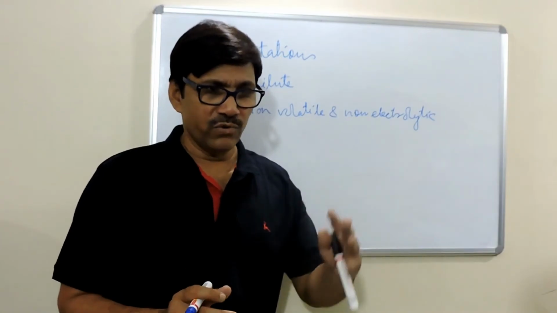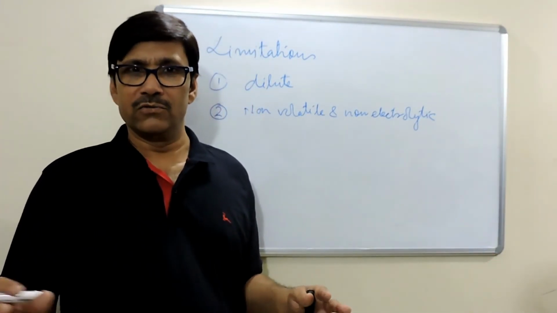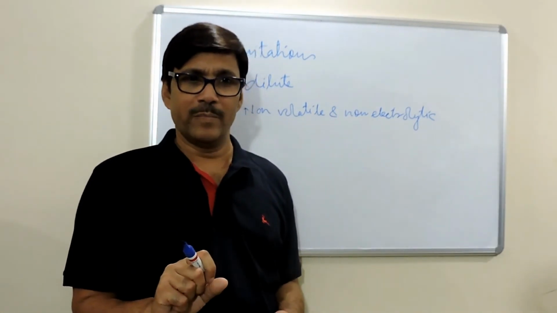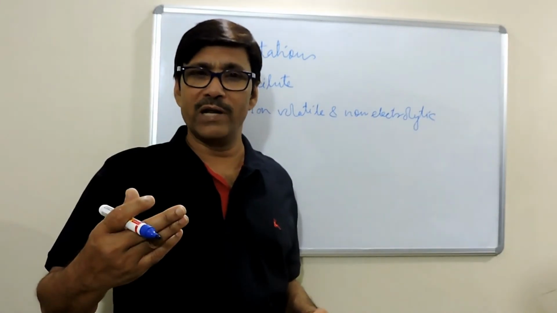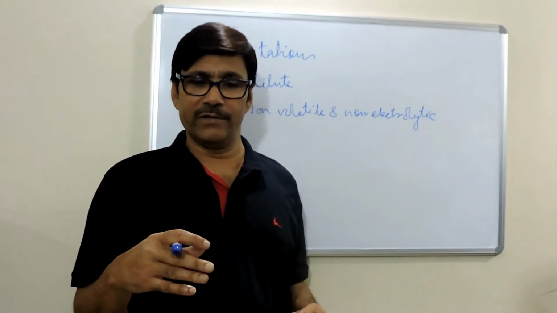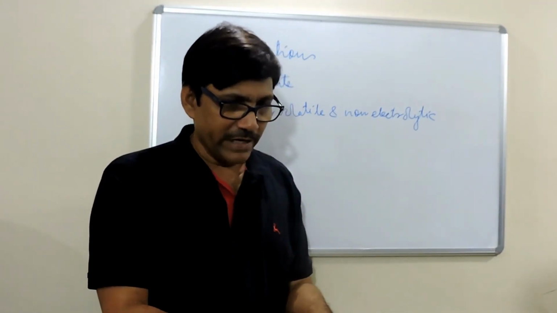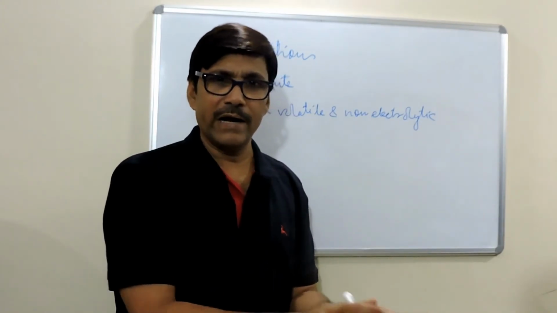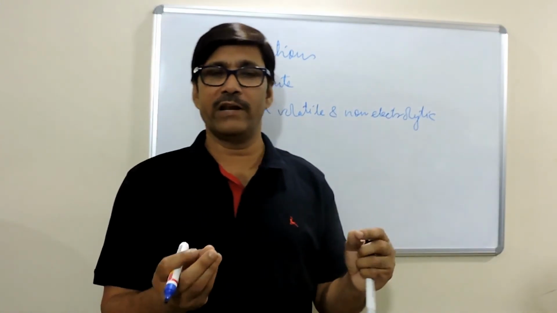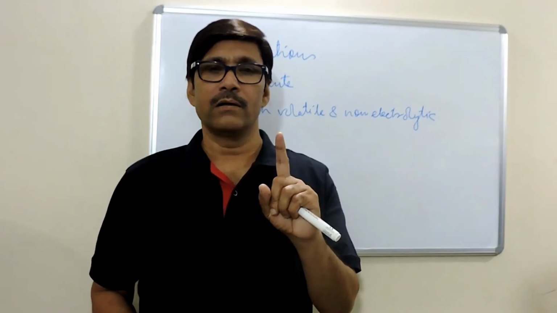It will break into 10 ions of sodium and 10 ions of chloride. So we will expect the elevation in boiling point due to 10 molecules, but actually the elevation in boiling point will be almost double that expected value, because once we add the molecule inside water, it will dissociate to give sodium ion and chloride ion. Okay, and since it is a colligative property, it will not depend on whether it is NaCl or Na plus or Cl minus. It will depend on how many particles are there.